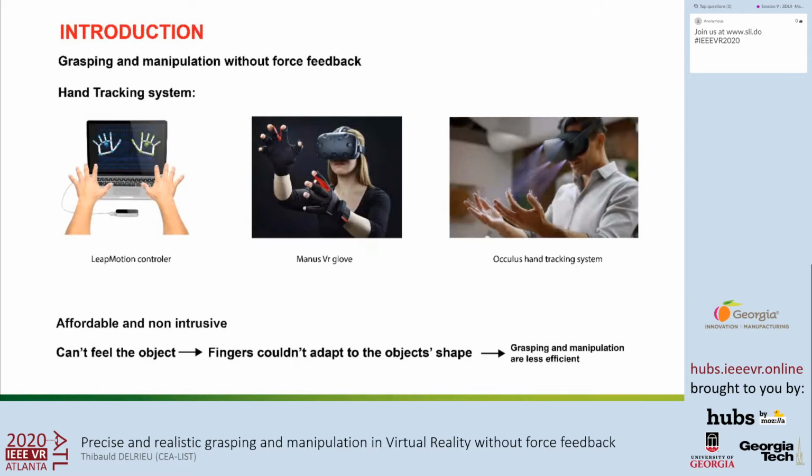However, these systems can't provide the haptic feeling of the object. In that sense, fingers couldn't adapt to the object's shape, and so couldn't effectively perform manipulation tasks.